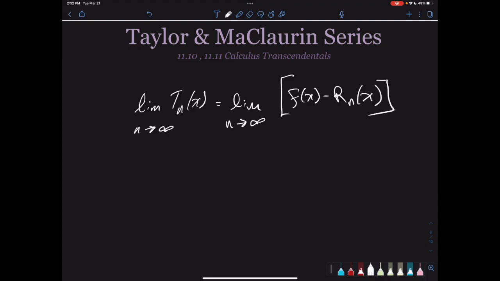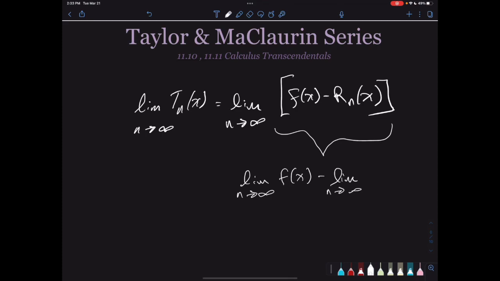Now, the limit of this section right here as n goes to infinity is the same as taking the limit of each of these terms: the limit as n approaches infinity of f of x minus the limit as n approaches infinity of Rn of x.